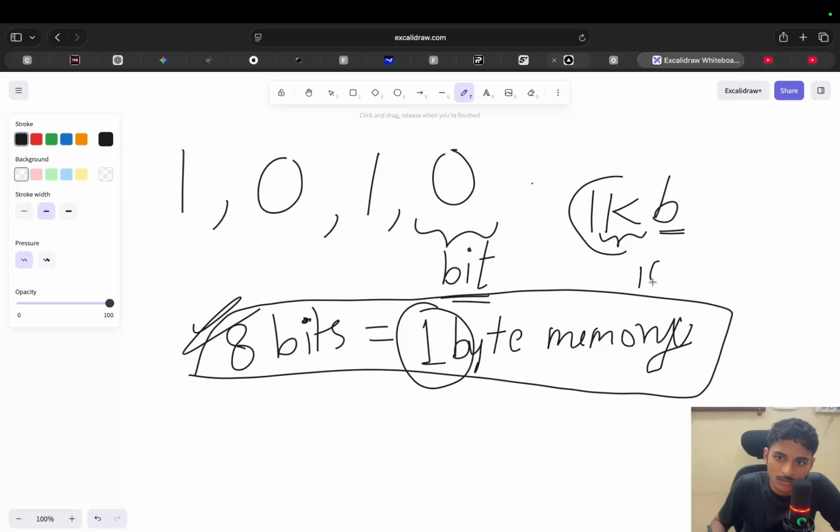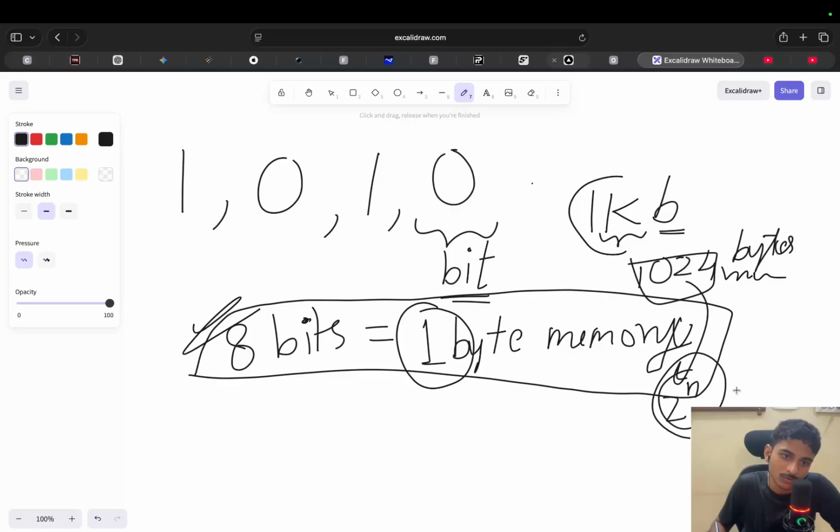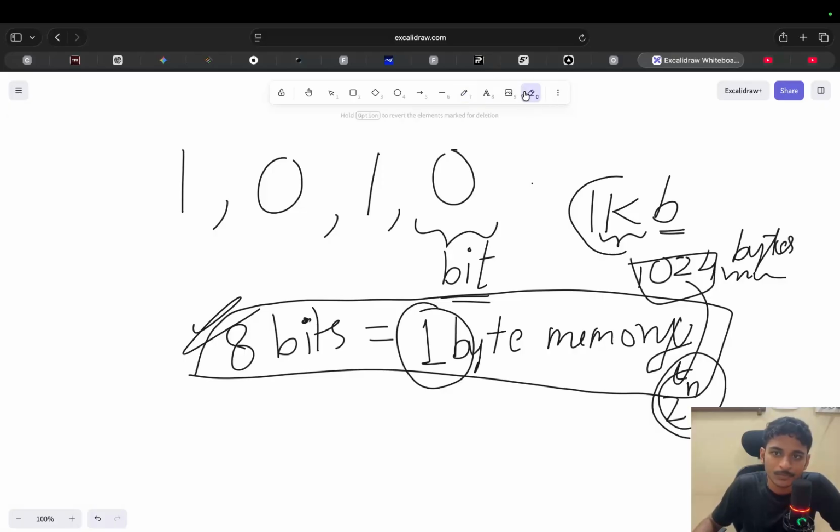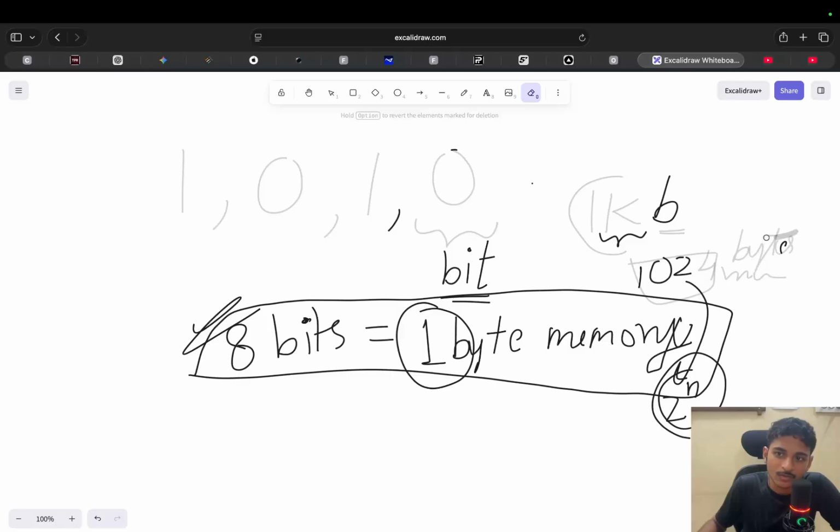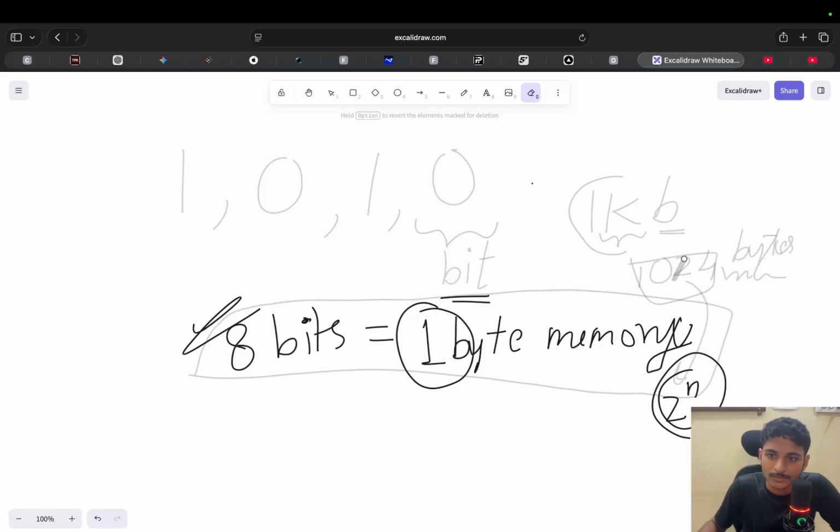It is 1024 bytes of memory, right? 1024 is of course a power of 2. So now we know that the memory is made of bits and bytes, and it's in powers of 2, right?